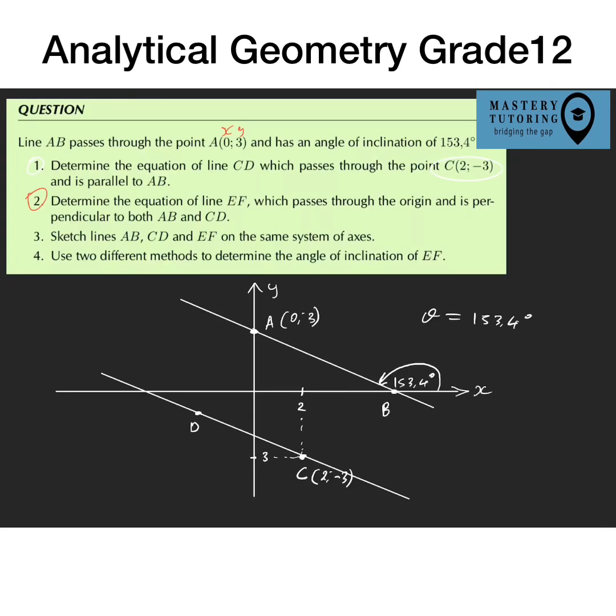So it has to pass through the origin. We can draw any line that passes through the origin. So suppose here's our line here. It passes through the origin like that. This is in such a way that this is 90 degrees there, and this is also 90 degrees.